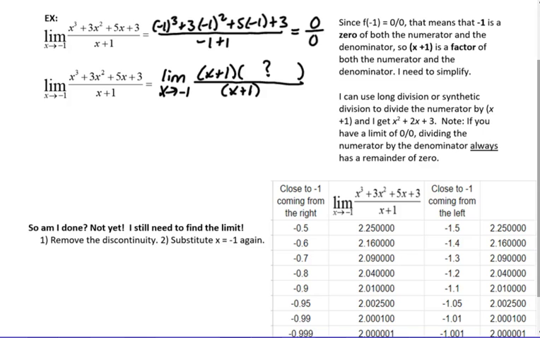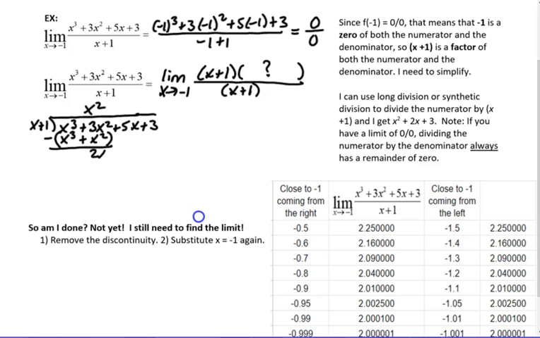Let me start with long division. So if I take the numerator x cubed plus 3x squared plus 5x plus 3 and divide it by the factor that we already know in the numerator, we'll get the factor that we don't know. So first of all, I'm going to multiply by x squared. X squared times x plus 1 gives me x cubed plus x squared. Subtract the whole thing and I end up with 2x squared.